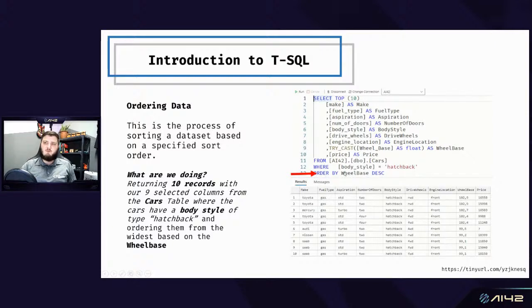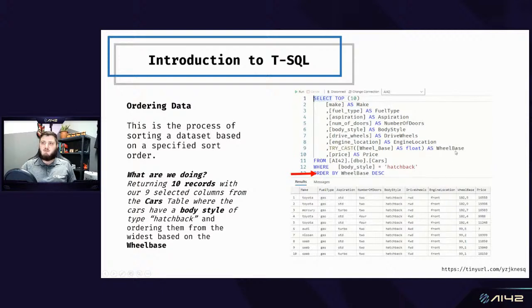This is one of the examples where I spoke earlier about the order of execution. I could specify wheel_base, but because the order by statement gets executed at the very last moment, I can also refer to it by its alias, because by that time SQL Server understands what I'm talking about.